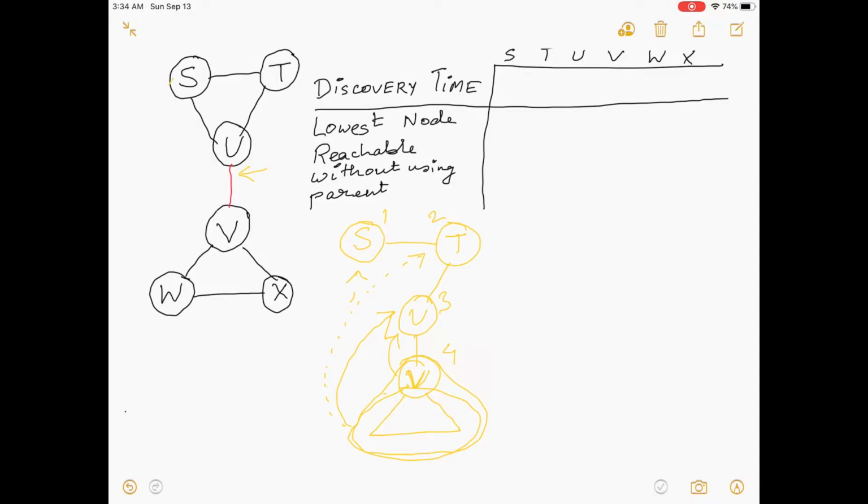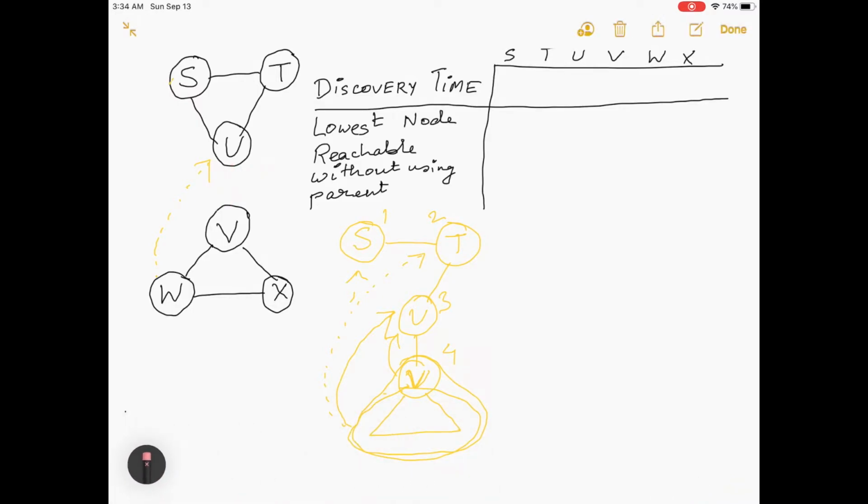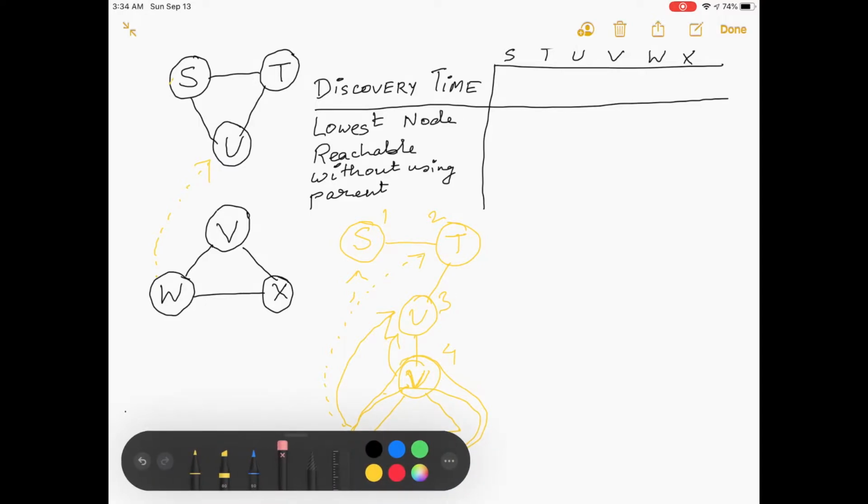So let's take case by case here. Say if W was connected to U, so even if we removed the edge UV, the graph would not have been disconnected. You can see, because of the back edge WU, the graph is not disconnected.